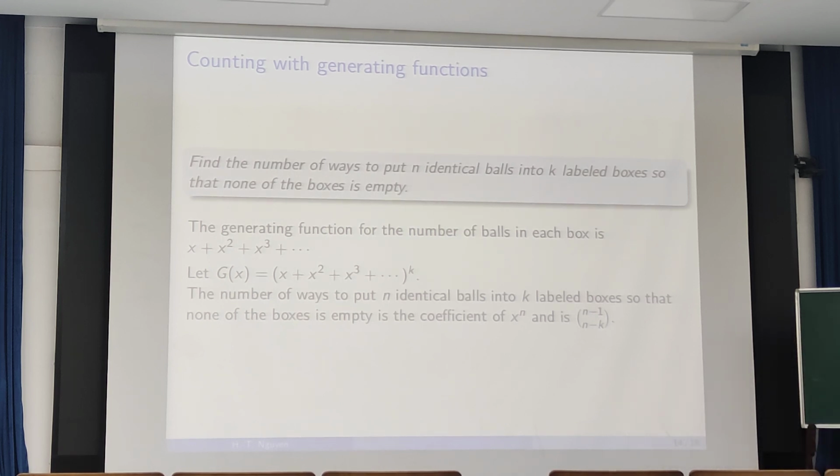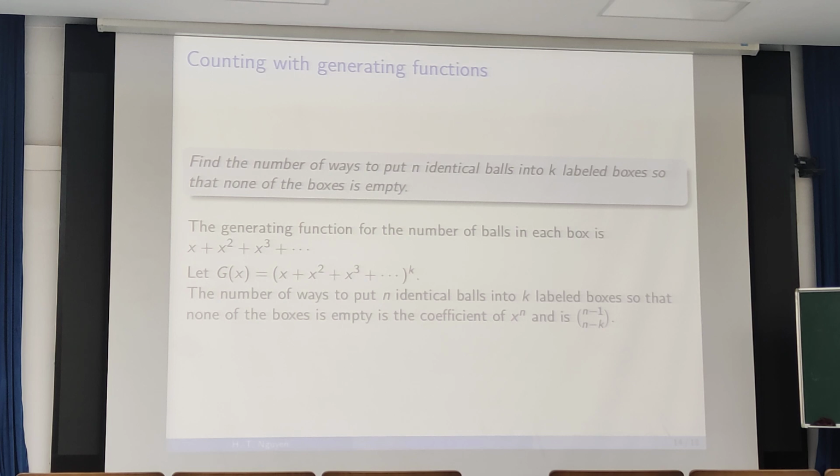Now we see that there is a common factor x in each sum. So we can write g as x to the power k. Then inside you have 1 plus x squared plus so on, to the power k.